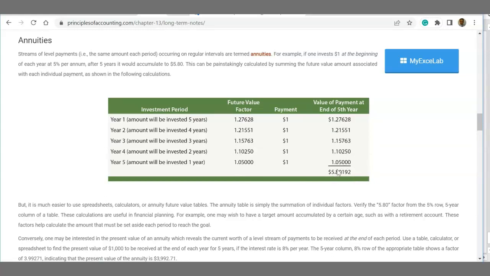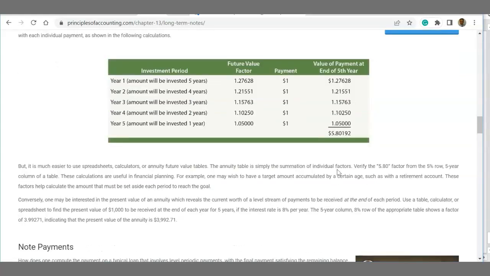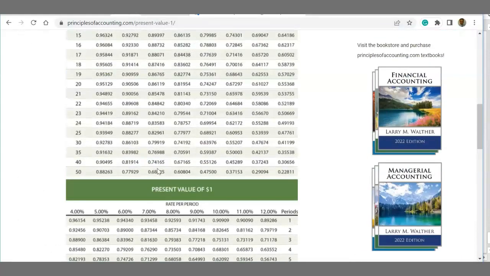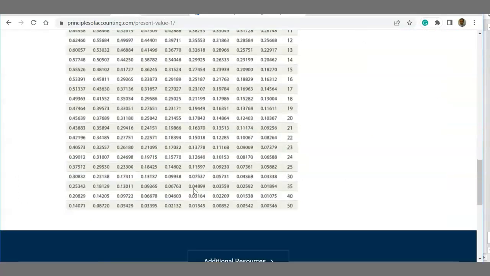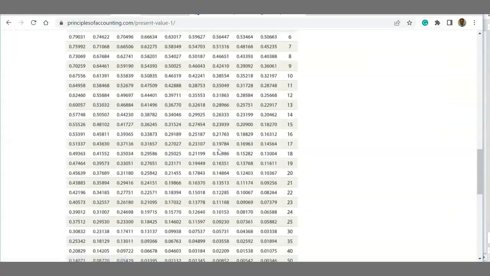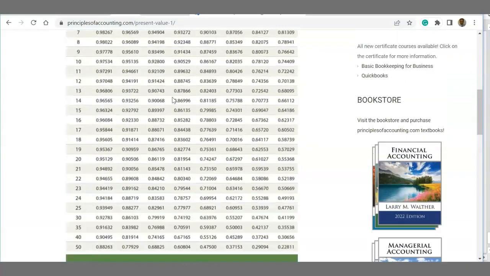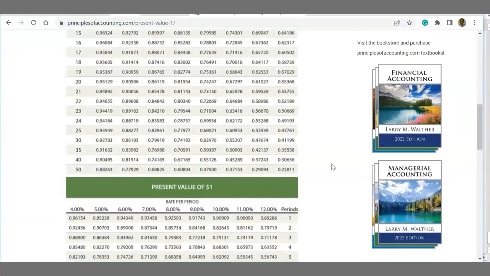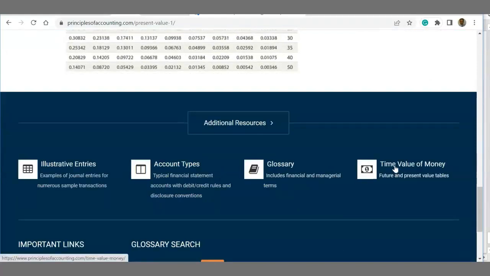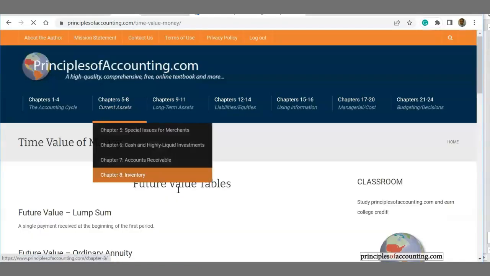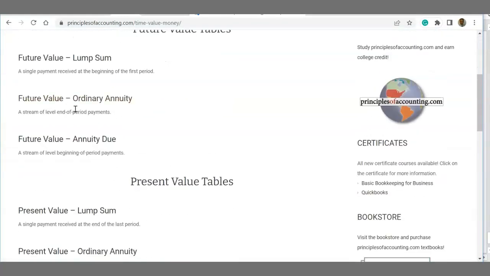But this is too long to do. It takes forever, okay? But in order to make it easy, because all those payments are the same, you don't waste your time using the present value of $1 table or one lump sum table, you will use the ordinary annuity table.